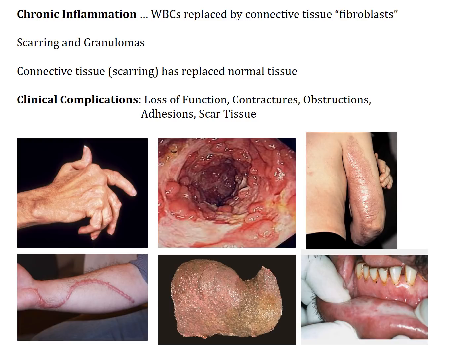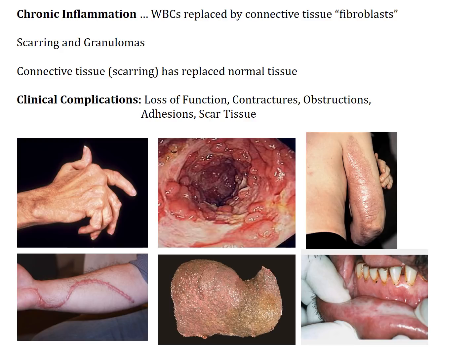So one major way that we differentiate acute from chronic inflammation is not only the duration of the inflammation, but whether or not we're looking at scarring. If we're seeing connective tissue replacing normal tissue, scarring, right? That's what scarring is. It's connective tissue.